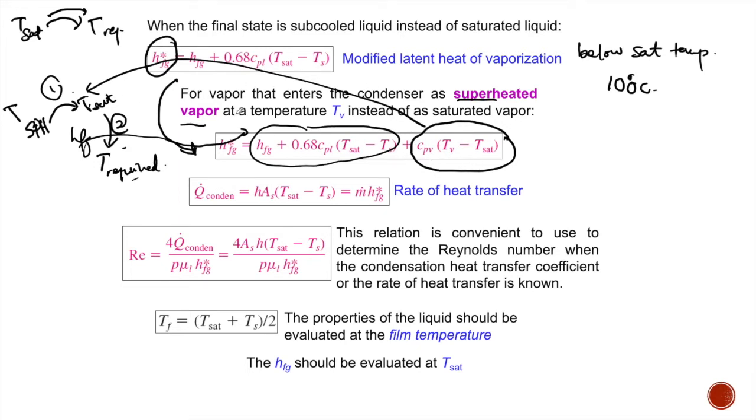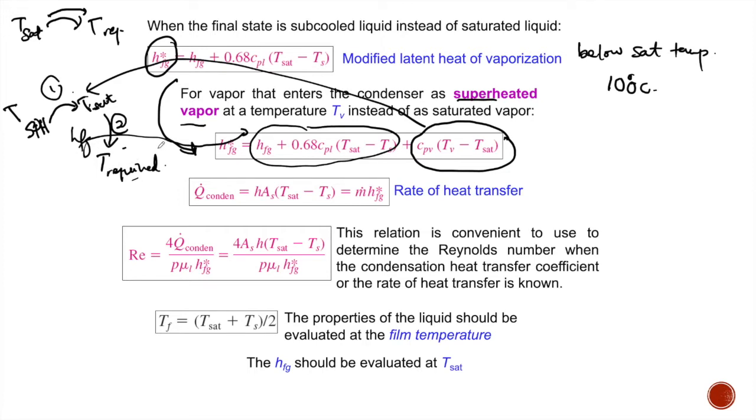So this will be added because of the superheated vapor, since we need to reduce the T superheated to T saturation first, and then from the T saturation we will reduce to the T required. Okay, that is the two equations.